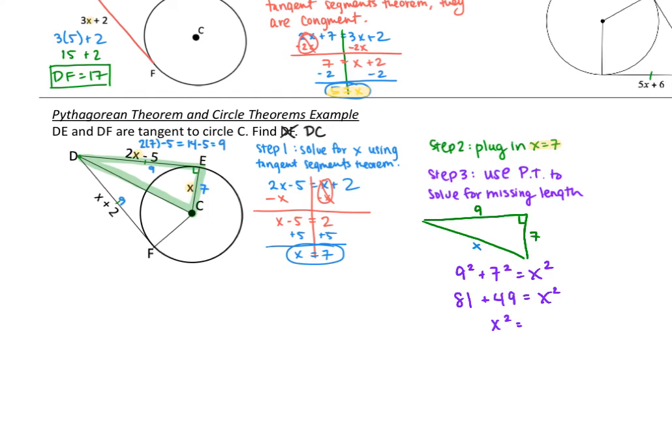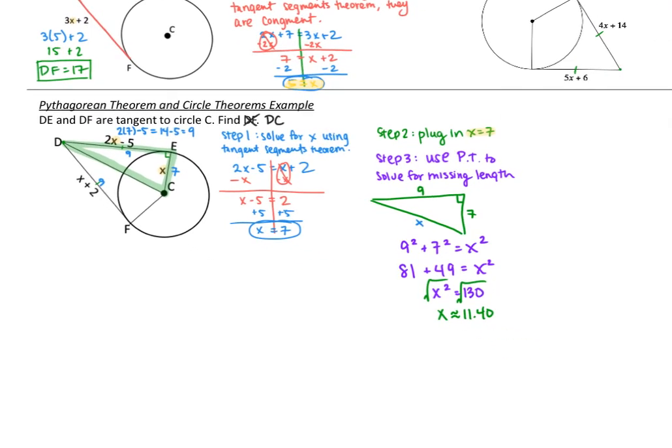So 81 plus 49 is 130. And now we're going to square root both sides. So that's 11.40. So that means DC is 11.40.